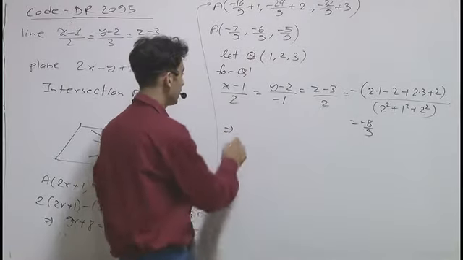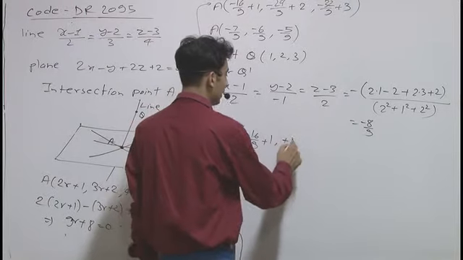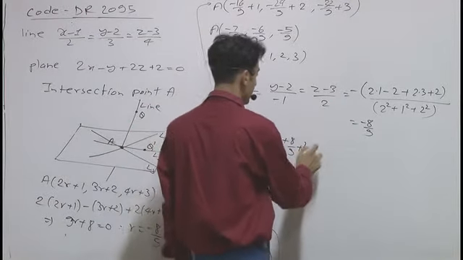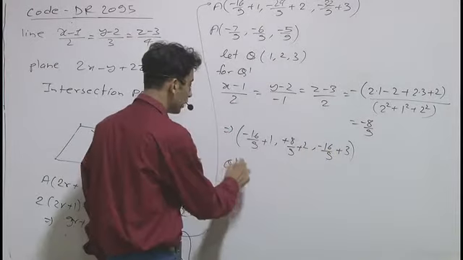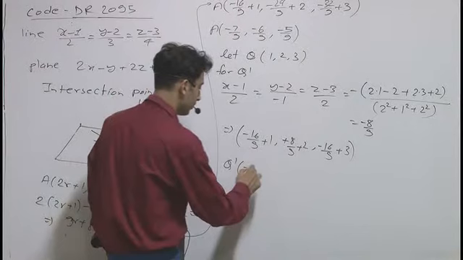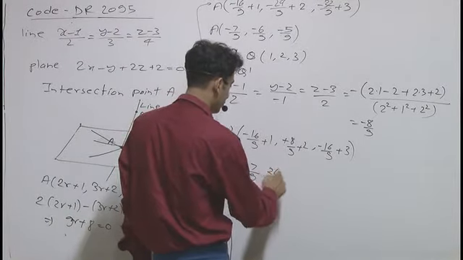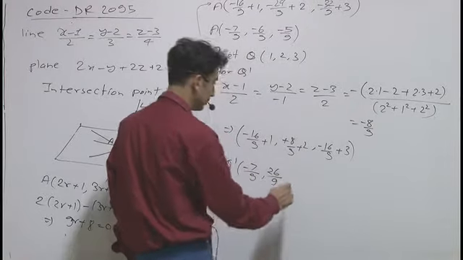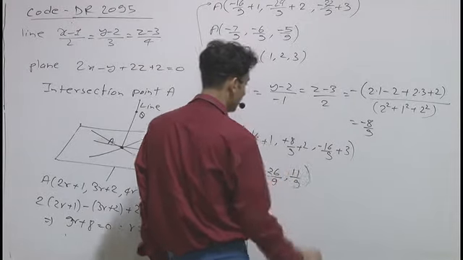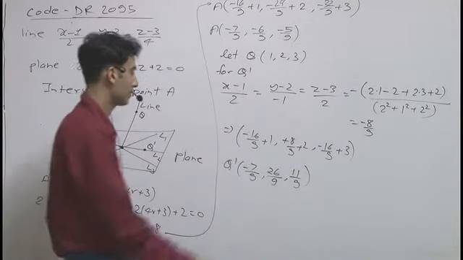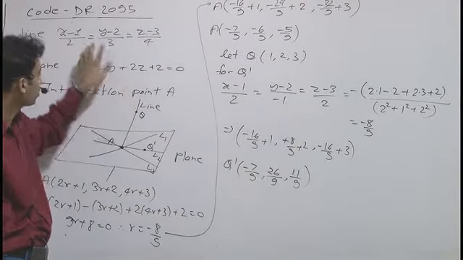Equating it, we get minus 16 by 9 plus 1, 8 by 9 plus 2, and minus 16 by 9 plus 3. So the point Q dash comes out to be minus 7 by 9, 26 by 9 and 11 by 9. This is point Q dash, which is the projection of point Q, a known point on the given line, on the given plane.